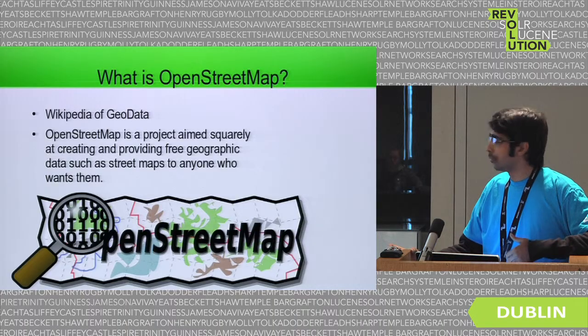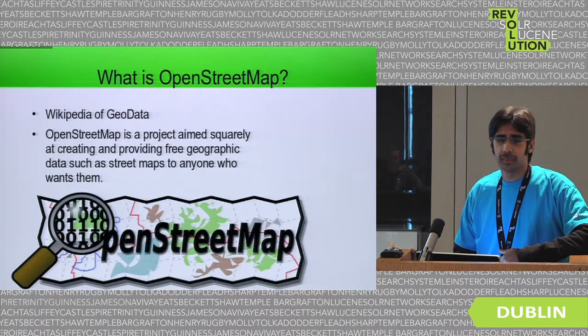The beauty about OpenStreetMap is that the data is open, everybody can contribute, and the data belongs to everybody. It's not held by some corporations. So, in essence, you can say OpenStreetMap is a Wikipedia of geodata, where anybody can collaboratively edit the map.